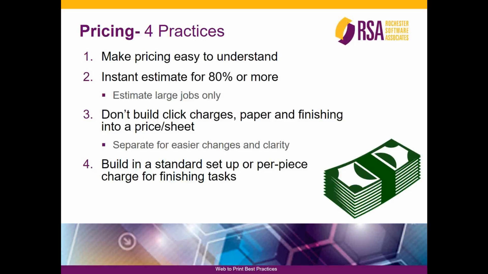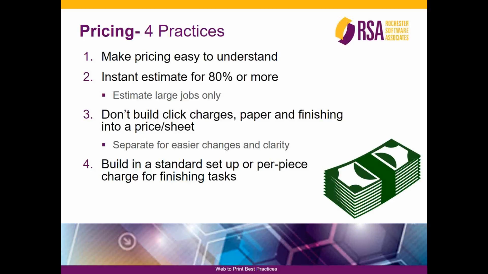One thing that we see that people sometimes want to do is they'll build click charges into the paper and finishing into a sheet price per sheet charge. That's usually a little harder to maintain. And if your paper costs change, you can't just change the paper cost. You need to go in and change that whole per sheet cost and then do all your calculations to figure that all out.